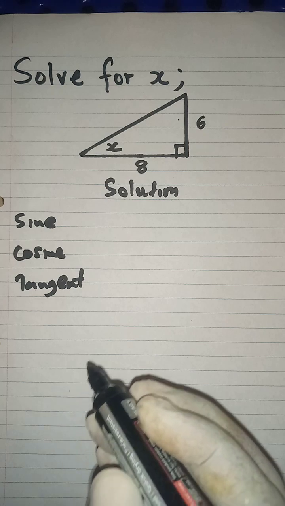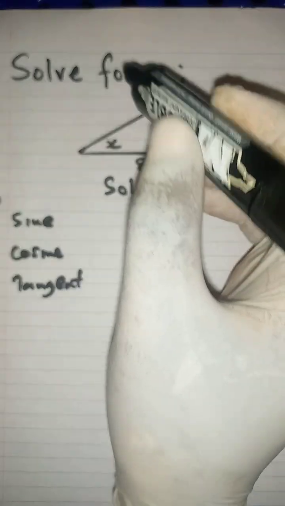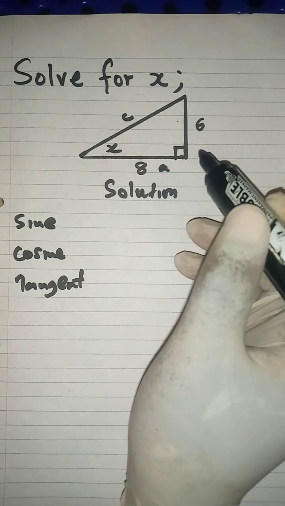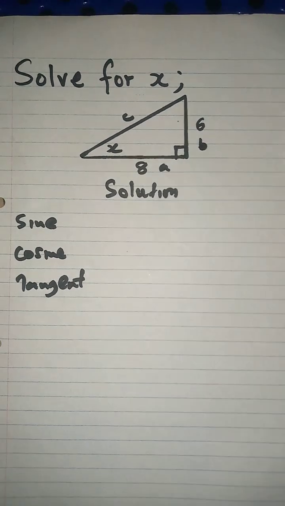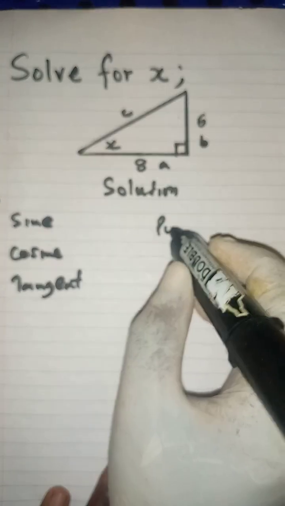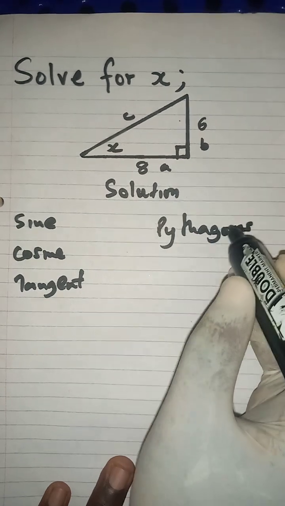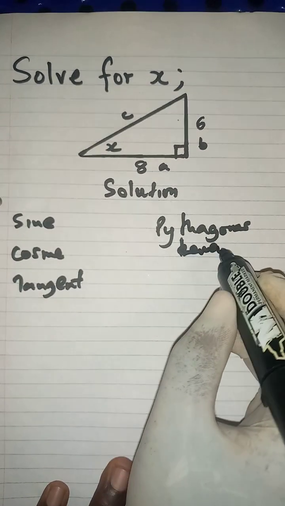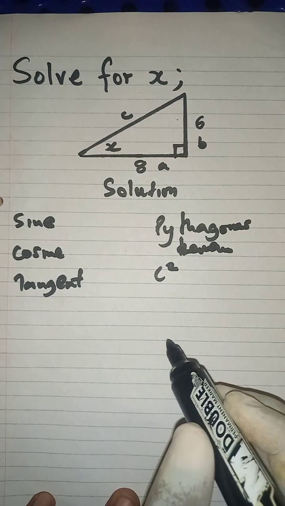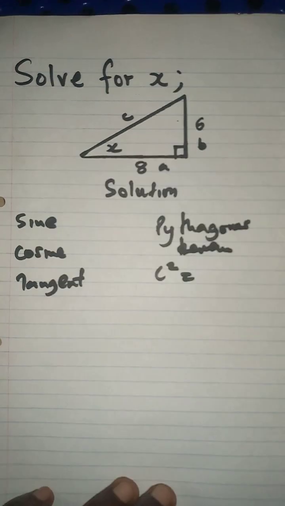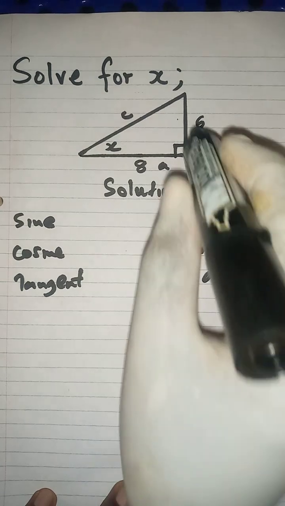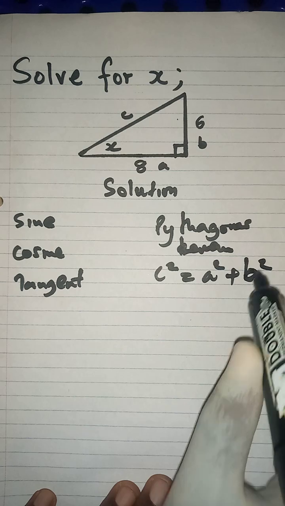But before I use it, I can recall and indicate that let this side be C. This side I'm going to call A, and this side I'm going to call B. So using the Pythagoras theorem, which says that the hypotenuse squared should be equal to the longer side squared add the shorter side, that is B squared.